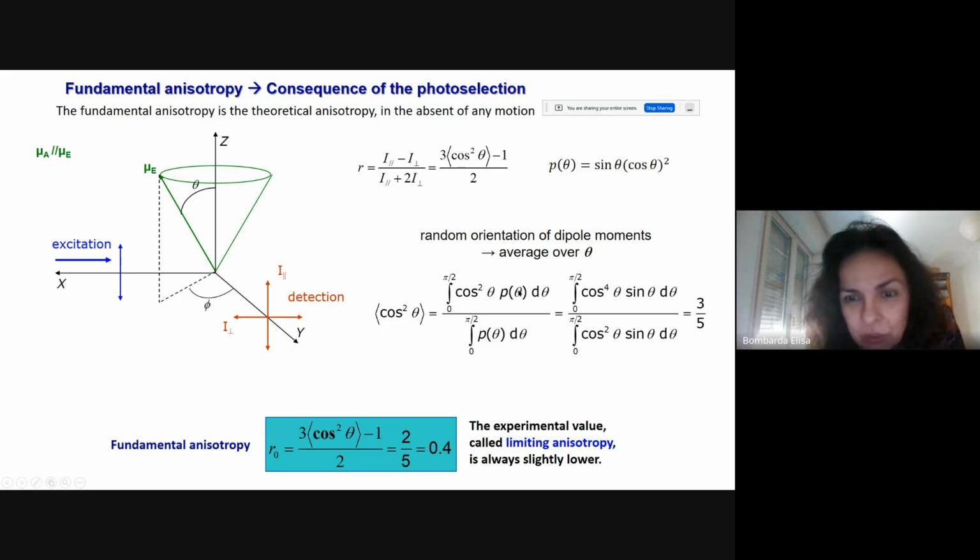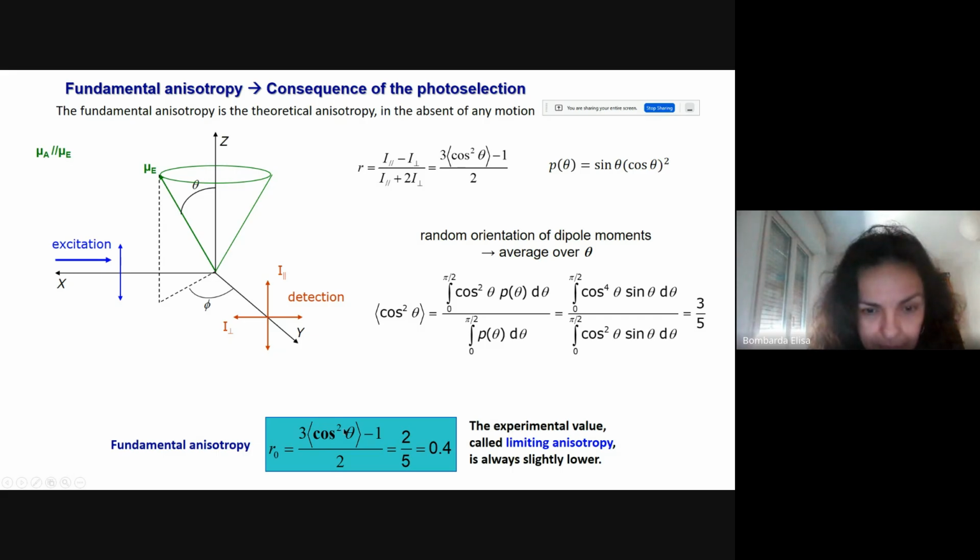And so we integrate between 0 and pi half, that is the angle, so theta is moving within this range, and we get 3/5.